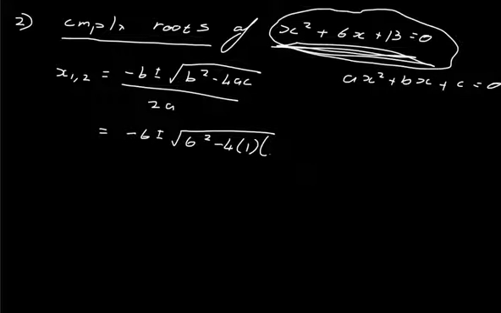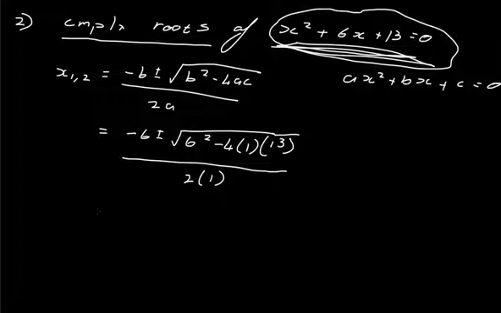And c, look at the form, c is 13, over 2a, and we already saw that a is 1. So this is equal to minus 3 plus or minus the square root of 36 minus 4 times 13.